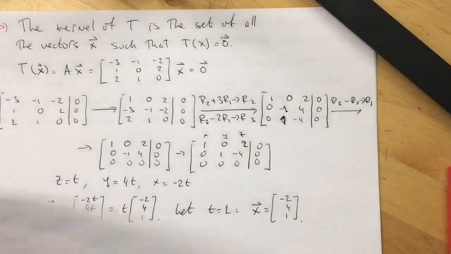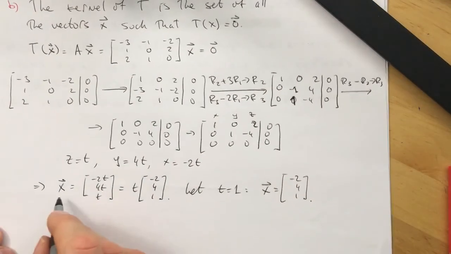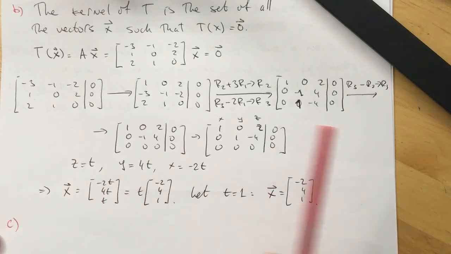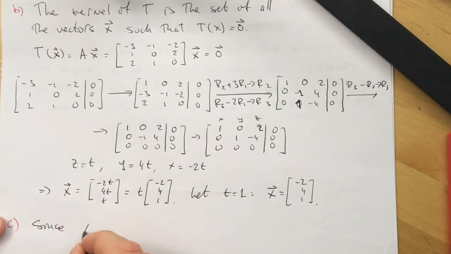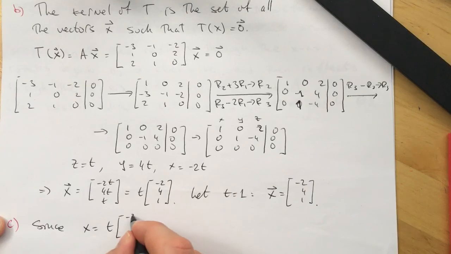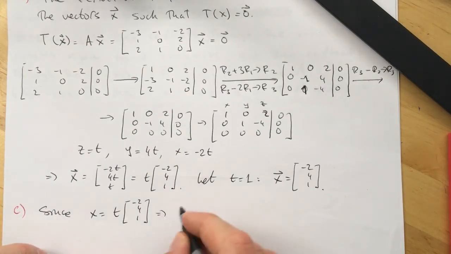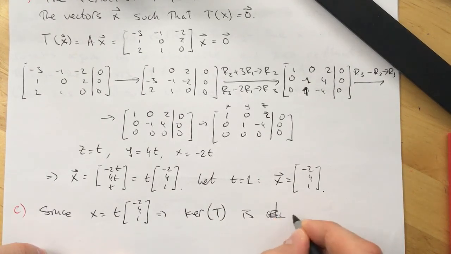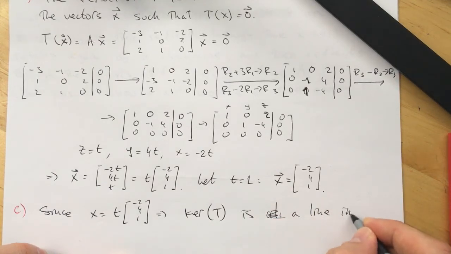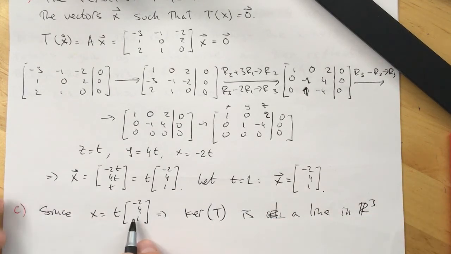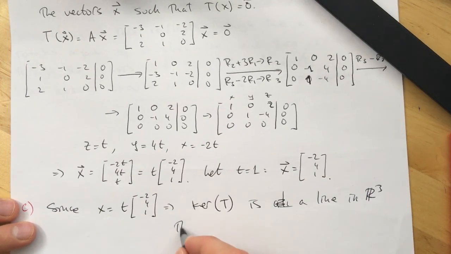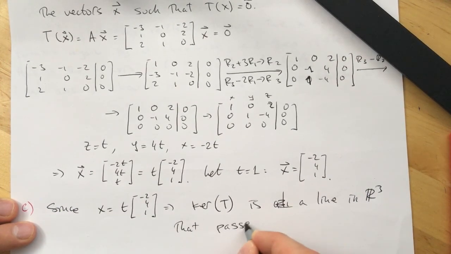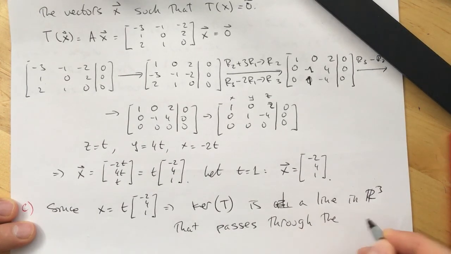If you look at this equation here, since x is equal to t times (-2, 4, 1), which is nothing else but the kernel of T, it means that the kernel of T is a line, obviously in R3, it's three-dimensional, that passes through the origin.